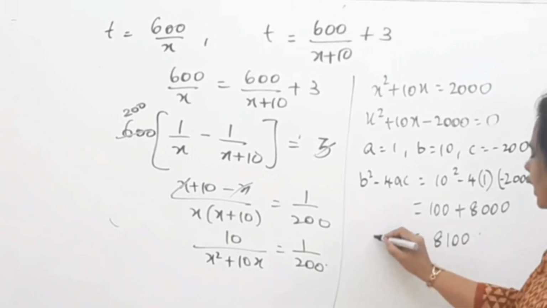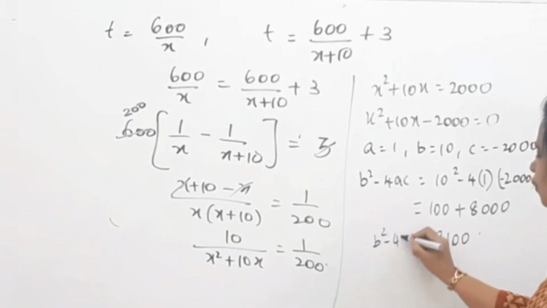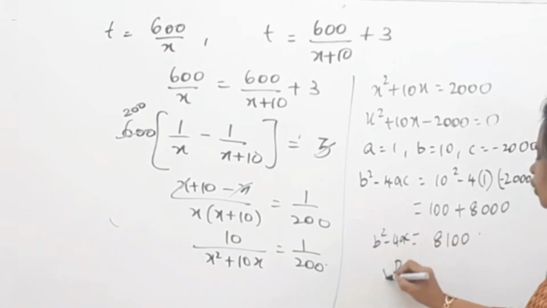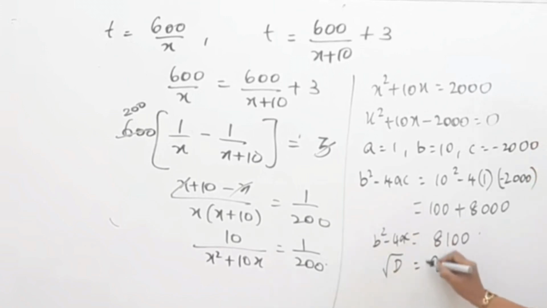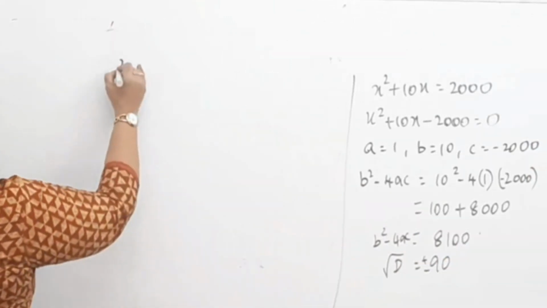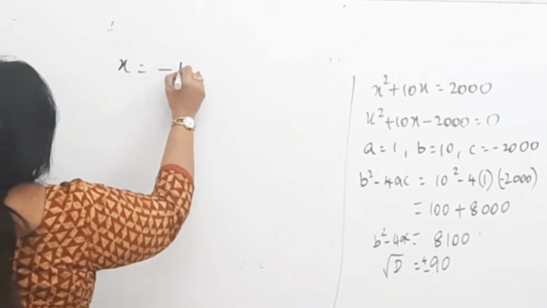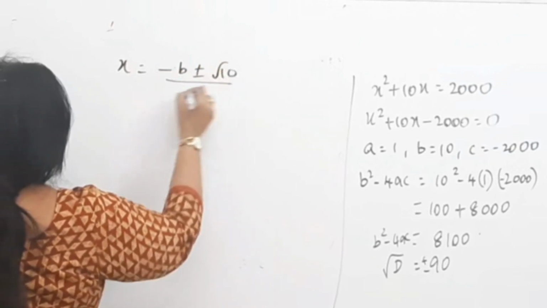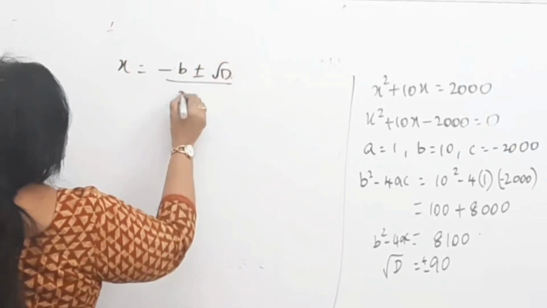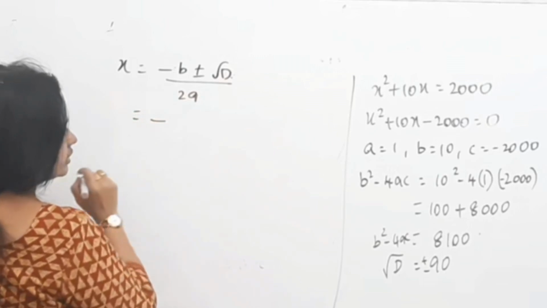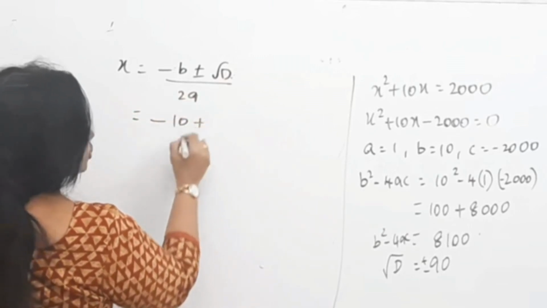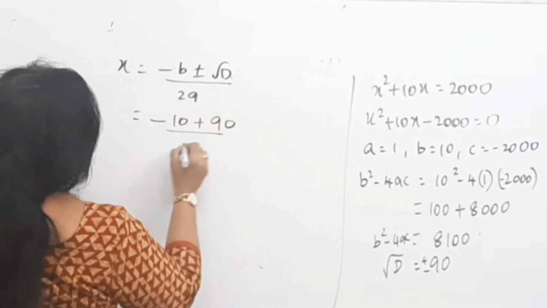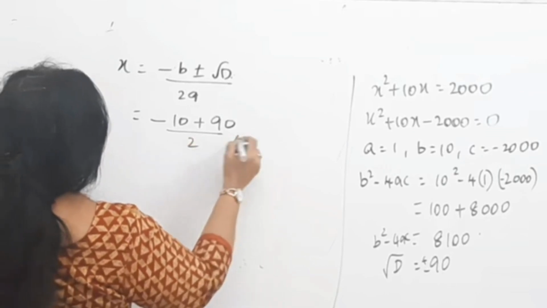8100. That is my B square minus 4AC, which is my D. Root D is equal to 90. X is equal to minus B plus or minus root D divided by 2A. That's equal to minus my B is 10 plus or minus root D is 90 divided by 2 into A, which is just 2.